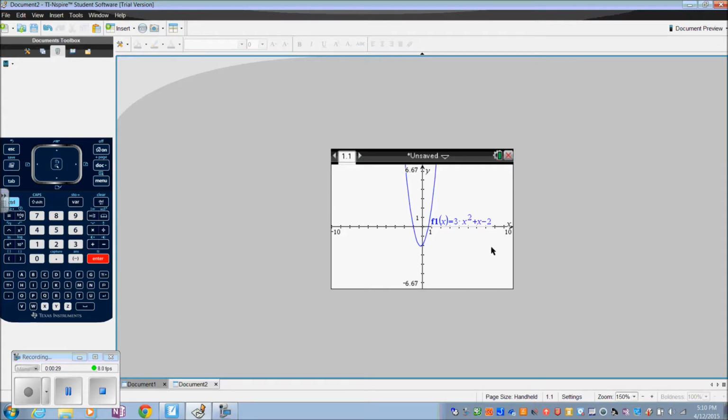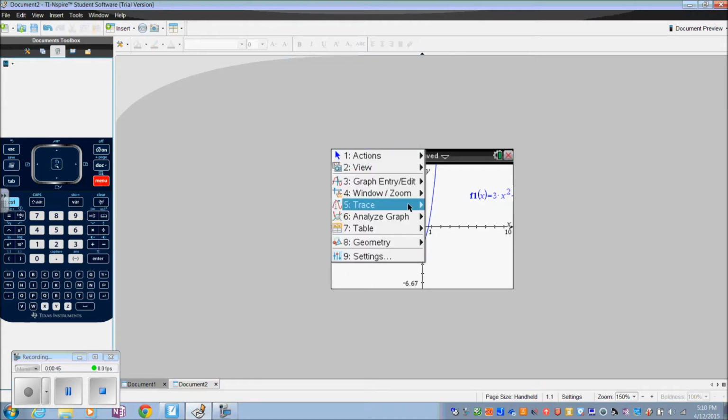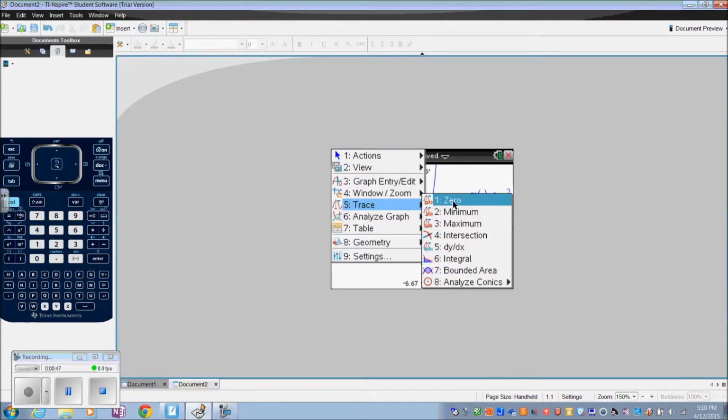Now, to me, it's a little bit hard to see exactly where my x-intercepts are because this one falls exactly on negative 1, 0, but this one is in between 0, 1. So the way that I can tell exactly where my x-intercepts are is menu, analyze graph, and zeros.